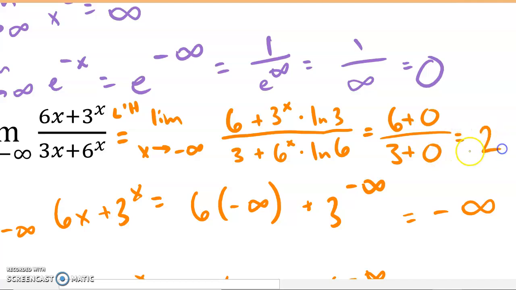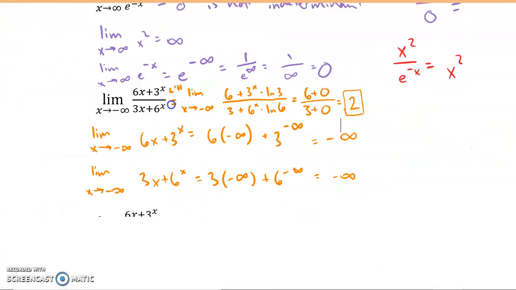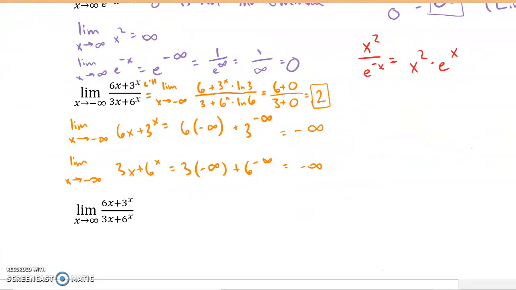So we get an answer of 2. Cool. So L'Hopital's rule gives us the answer of 2, and that is it for that limit. You can double check by graphing that fractional function and looking at the horizontal asymptote as x goes to negative infinity. As we go to the left, you'll see y equals 2 is a horizontal asymptote.